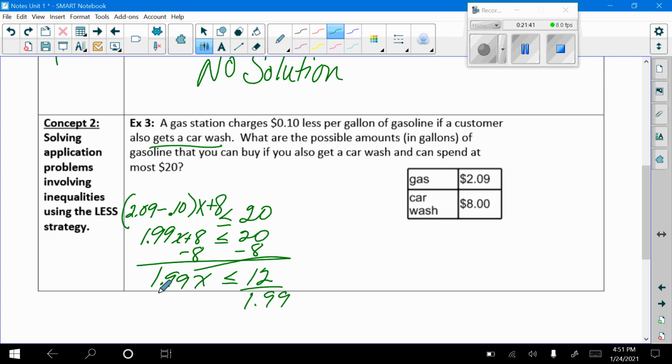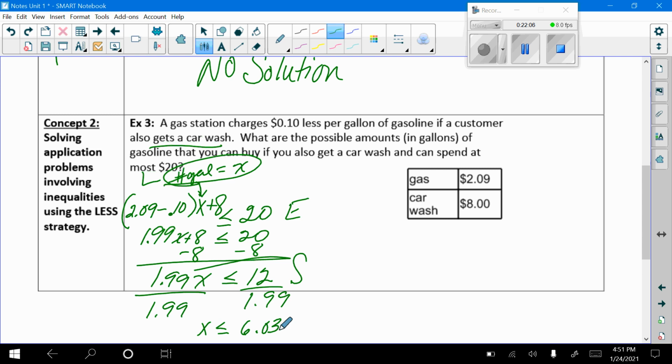Divide by $1.99. And x would be the number of gallons. So there's my label. Here's my equation. Here's my solving. X is less than or equal to, and I believe it's 6.03 gallons.